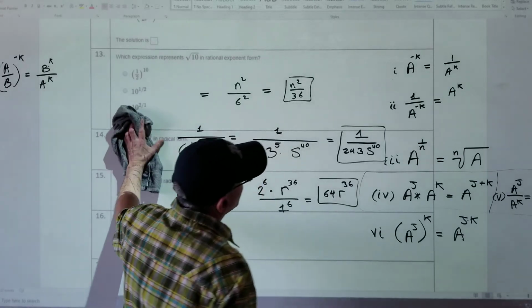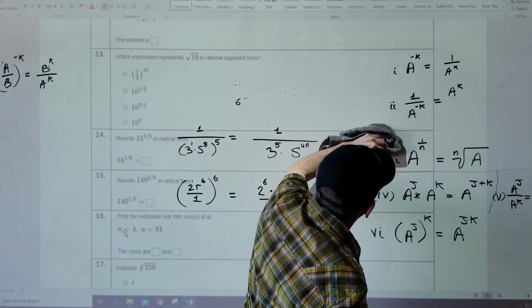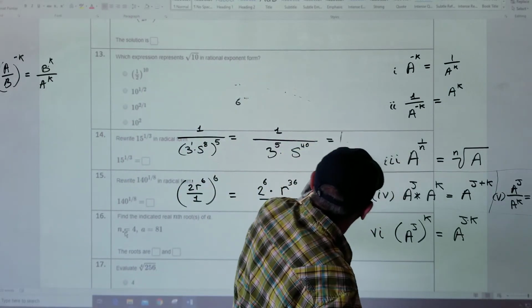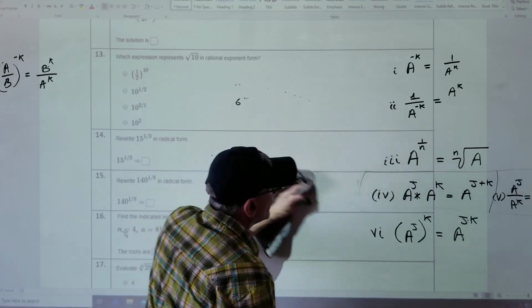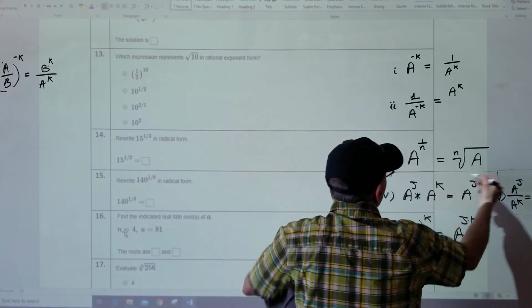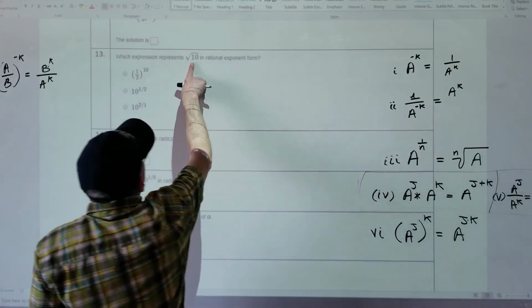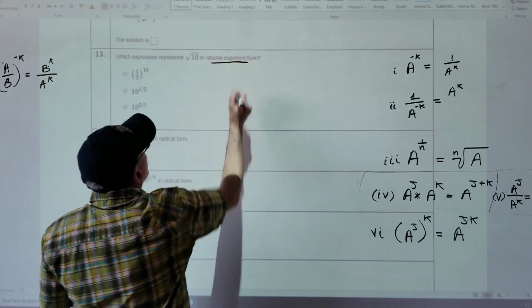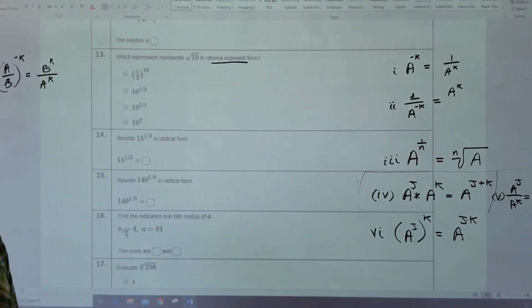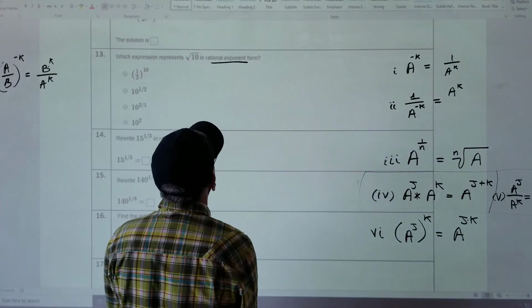And now we're getting into this property that we talked about in the previous video, specifically this one right here. They want you to write the square root of 10 as some kind of a power of 10 that has a rational exponent.